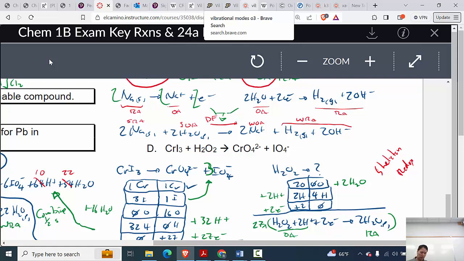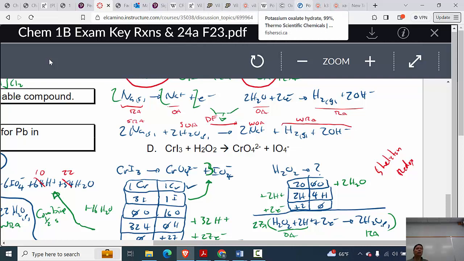The interesting thing about this is when we have redox, we have the 2 half reactions. One is called the reduction half reaction, the other is the oxidation half reaction.